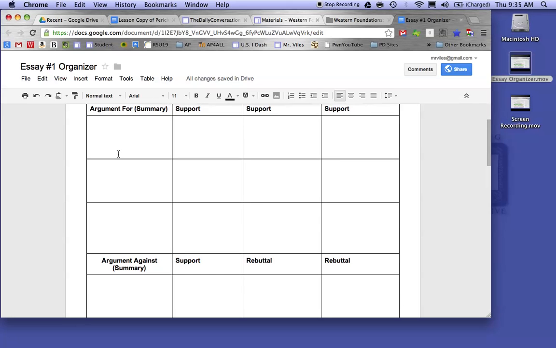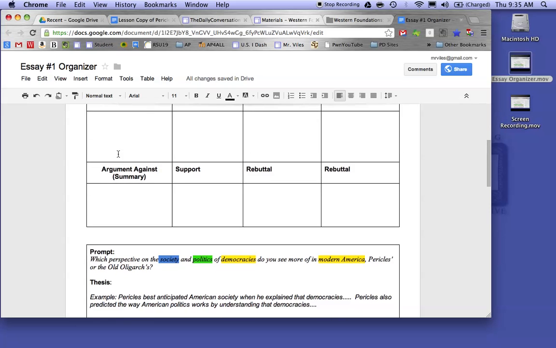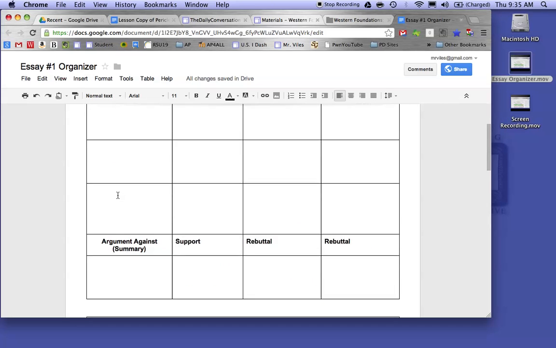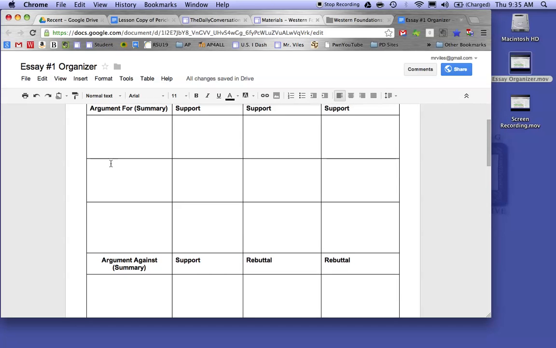So I look at these two things, and I'm going to try to smush them together. And so I might say, to finish this, the old oligarch best understood how democracies function. Well, if I'm agreeing with the old oligarch, and he said something about how the upper classes are better educated, and something else about the upper classes having better judgment, just say.